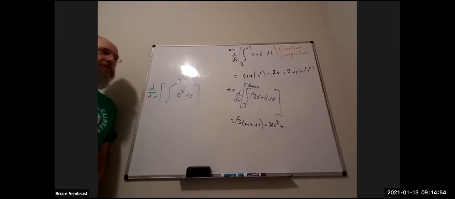All right, so what's weird about this one? Why am I bringing this up as a case? What's different about this one than the other ones we've done so far?